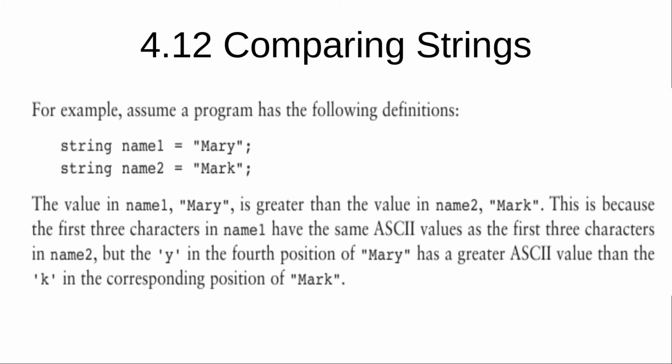The same values for the ASCII values for the characters carry over to strings. You can compare strings, you can compare characters. And in this case, Mary is a greater value than Mark, because even though MAR is the same, the Y is a higher number than K. So that's why Mary is greater.